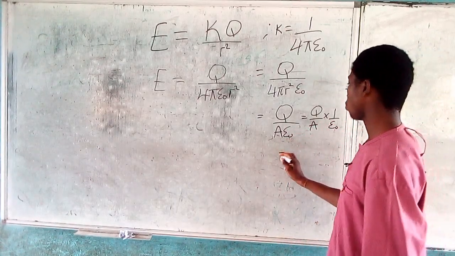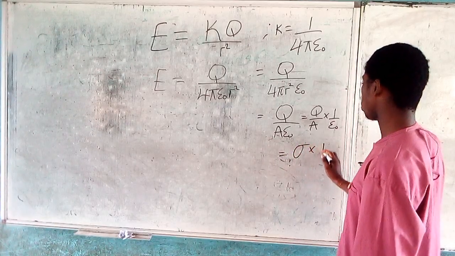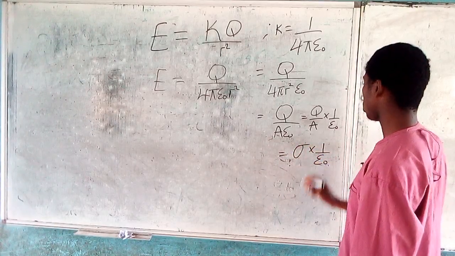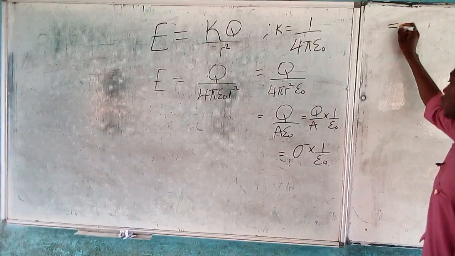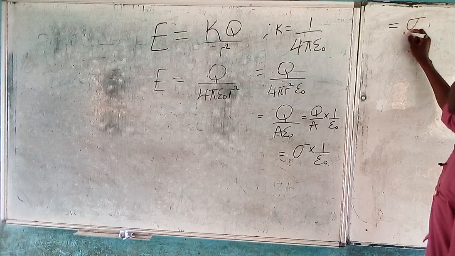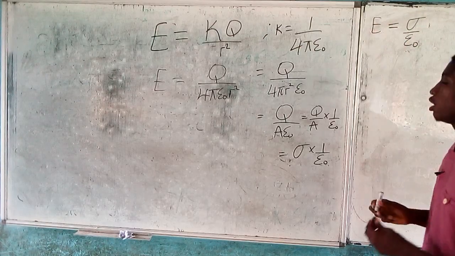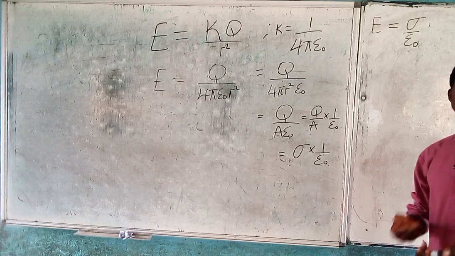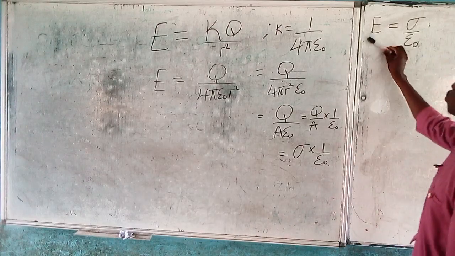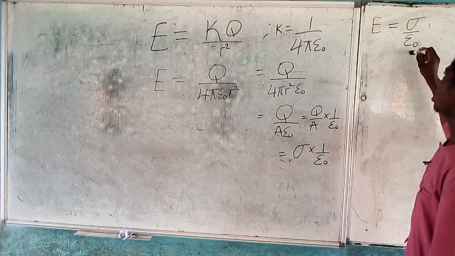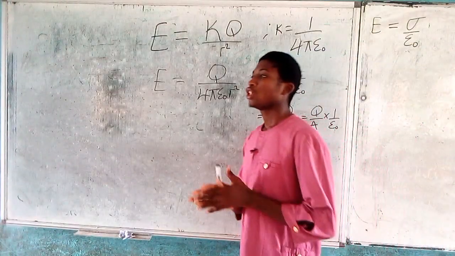So this is sigma times 1 over epsilon naught. This is our electric field when we have the surface charge density: the electric field is equal to the surface charge density divided by the permittivity of free space.